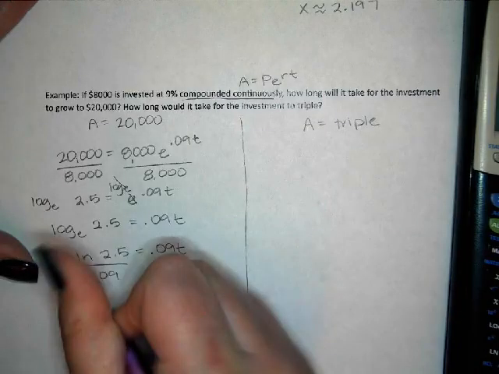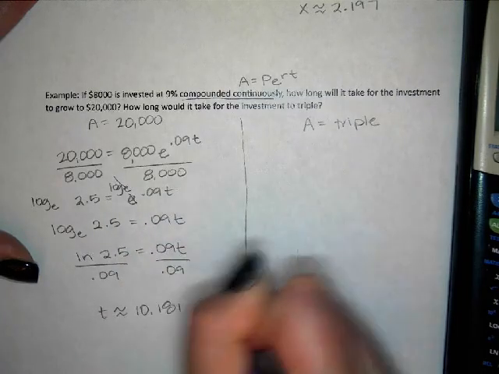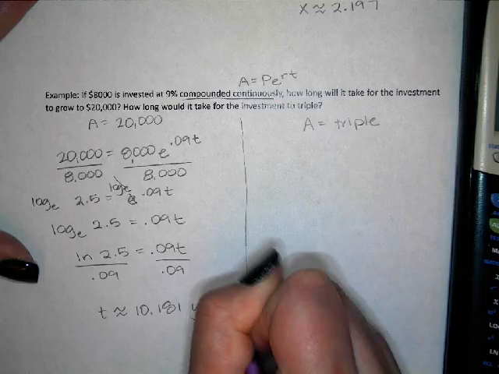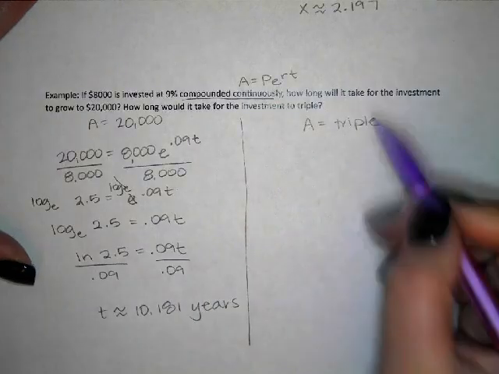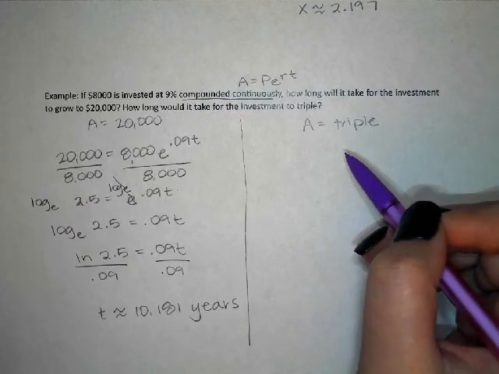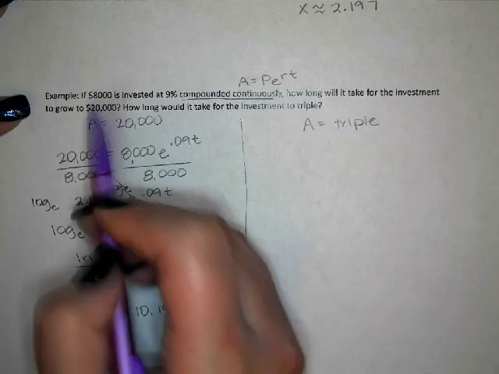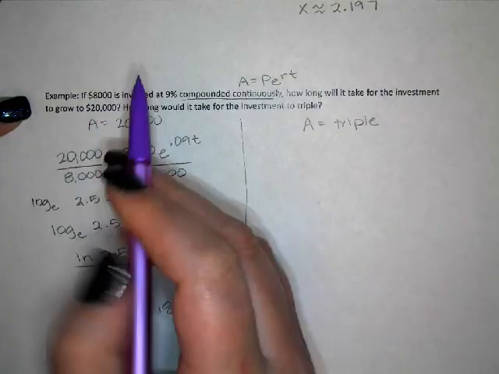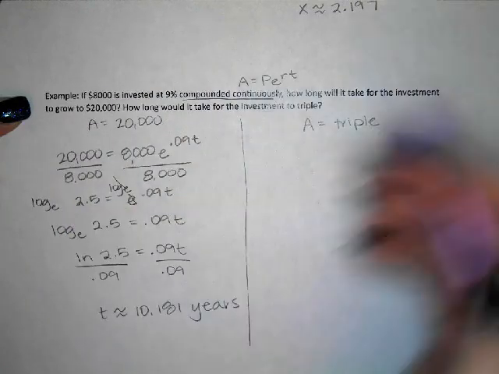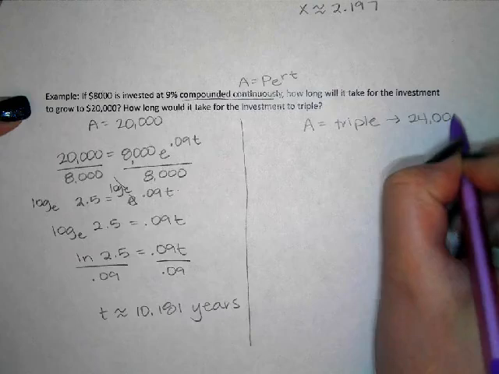Okay. This one, the second question said, how long does it take for the investment to triple? So they didn't give us a dollar amount, they just said triple, and we just have to know what that means. So if the initial investment was 8,000, then to triple that, we need 24,000. So 24,000 equals 8,000 e to the 0.09t.